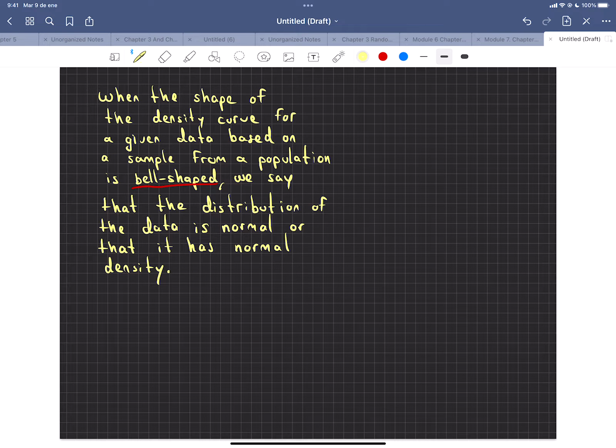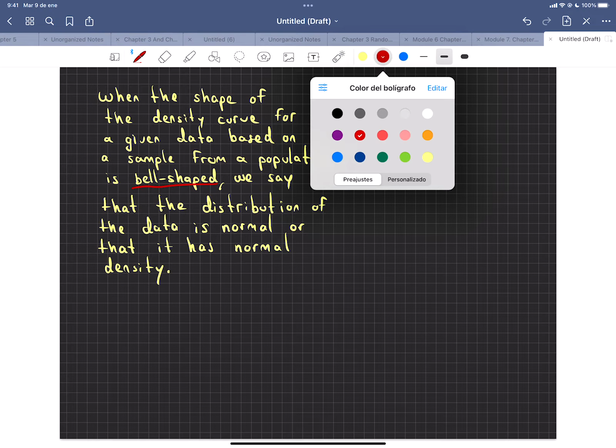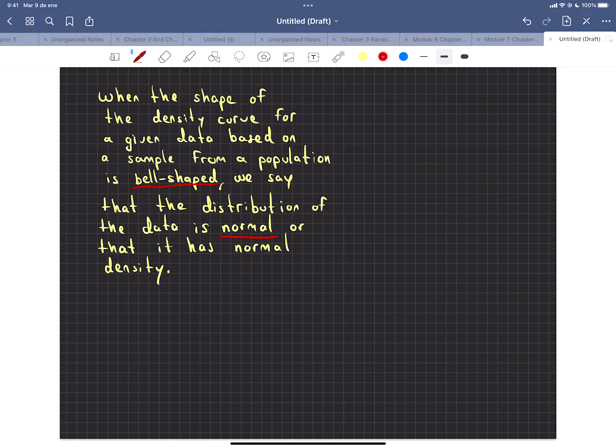So when the shape of the density curve of data based on a sample from a population is bell-shaped, it might suggest, so we're going to accept, that the shape of the distribution for all the data, for the whole population, is normal, or it has a normal density or a normal distribution.